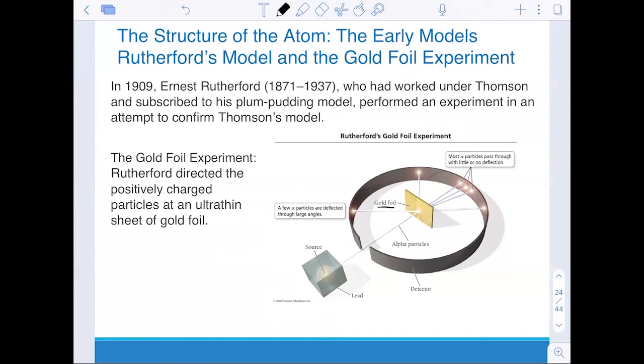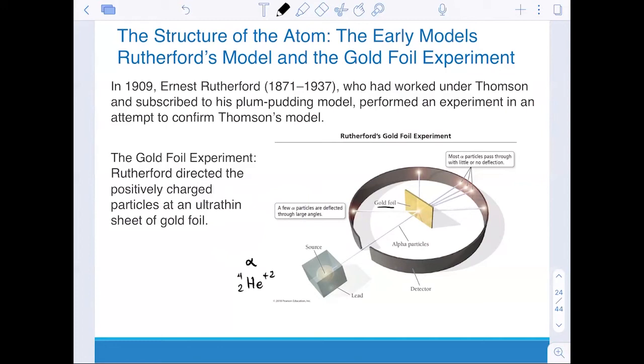An alpha particle is a helium nucleus. Just a helium nucleus right there, no electrons in that helium atom, just the nucleus itself. And those alpha particles being positively charged, he was expecting a few to deflect, with this idea of, oh, let's try to confirm the plum pudding model.